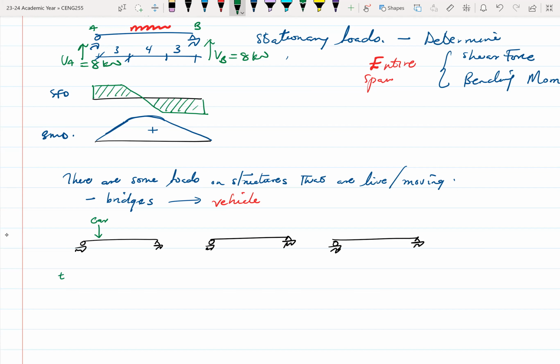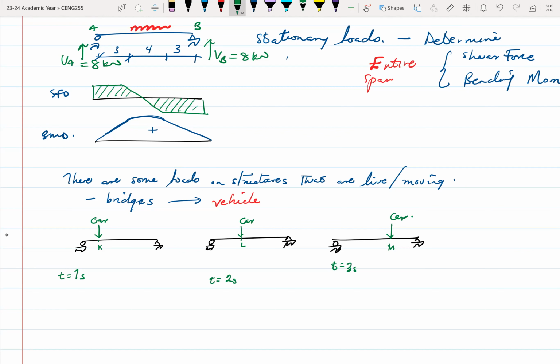When the time t is equal to 1 second, you have the car at this location. Let me call this location K. Then you come back in 2 seconds, and the car has moved to a new location called L. It's the same car, the same everything about the car, but it has changed location. At 3 seconds, the car has moved to a new location, maybe M. It's the same car, but it keeps changing its position with respect to time.